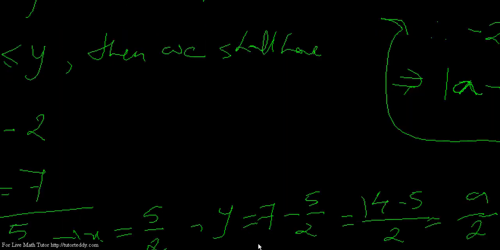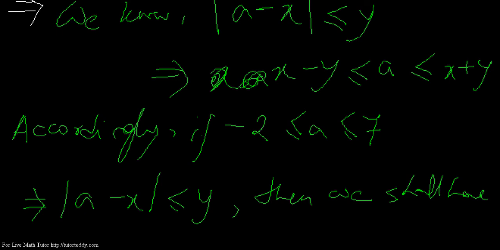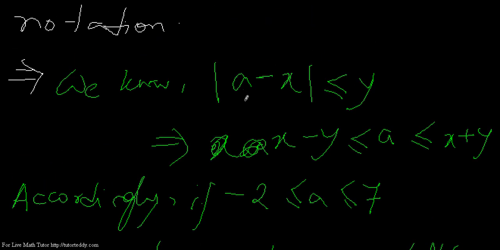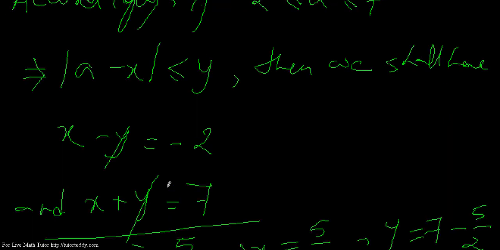Let me show the links once again. What did we do from the beginning? We know that modulus of a minus x is less than or equal to y implies that x minus y is less than or equal to a less than or equal to x plus y. What we want is to frame the inequality we have in this way. That means minus 2 less than or equal to a less than or equal to 7, so x minus y is minus 2 and x plus y is 7.